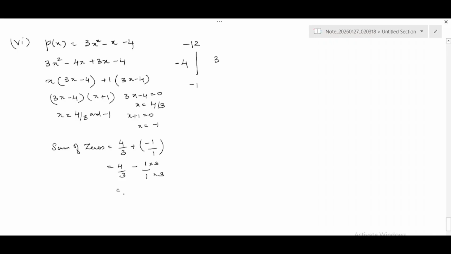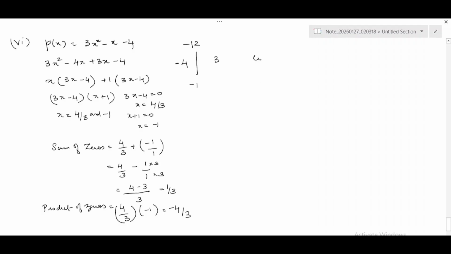So it is 3 common, 4 minus 3, that is 1 by 3. Product of zeros is equal to 4 by 3 into minus 1. So it is minus 4 by 3.